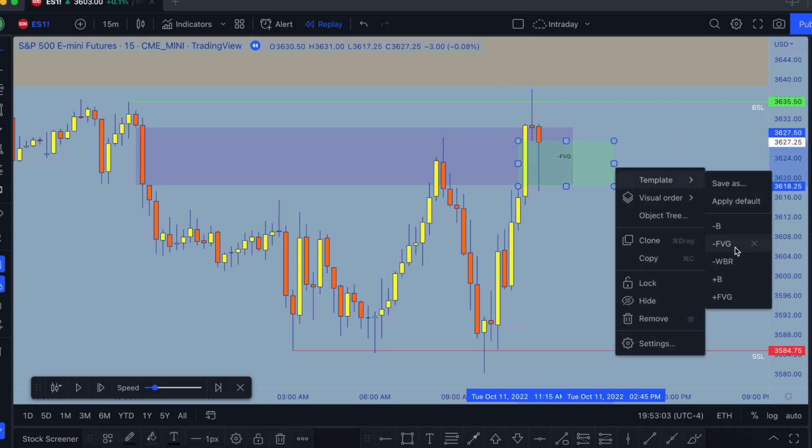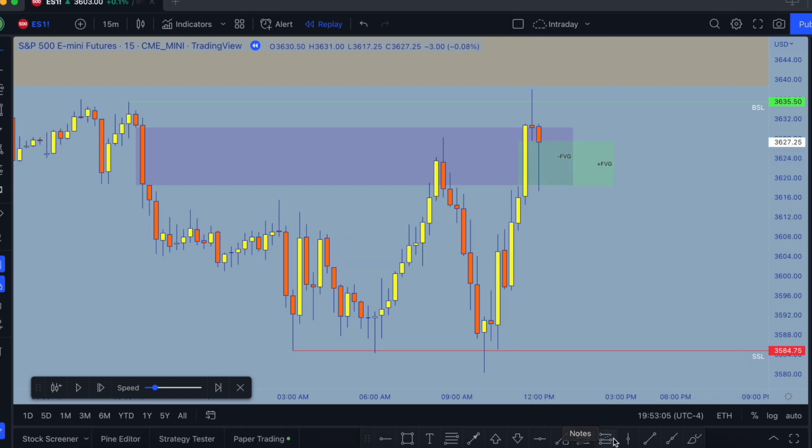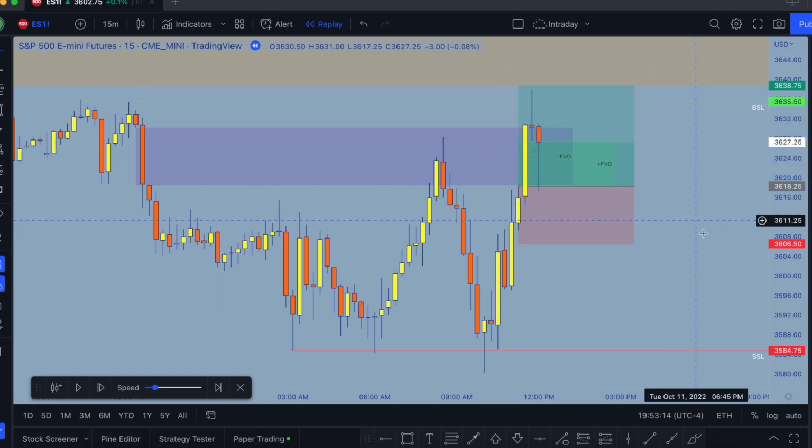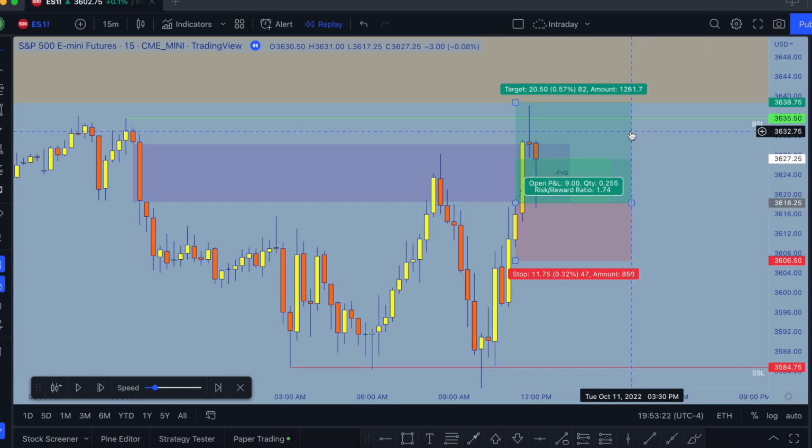And it's a harder trade because where are you going to put your stop loss? So if you were to go long here, even if you went from the bottom of the gap to the imbalance, where's your stop loss going to go? Because price could come and take this low, it could take this low, or it could just continue down. So it's kind of not a good trade, even though there's a gap there.